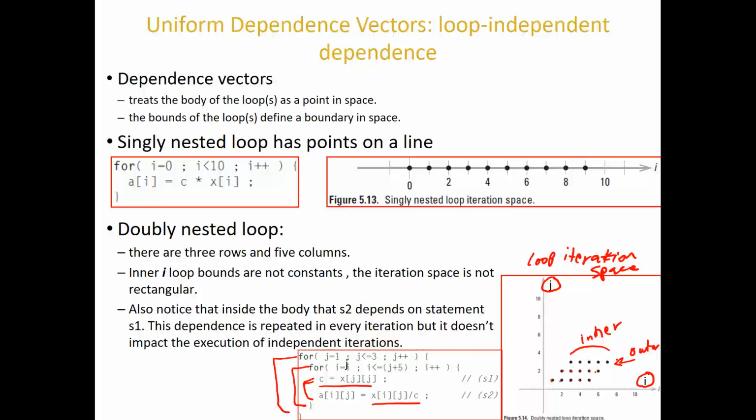And we do not have connected dots like this, because every iteration is limited in the dependency within the iteration. There is no between-iterations dependency. We don't have loop carried dependence.